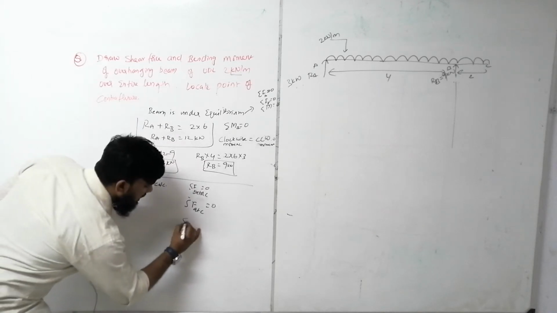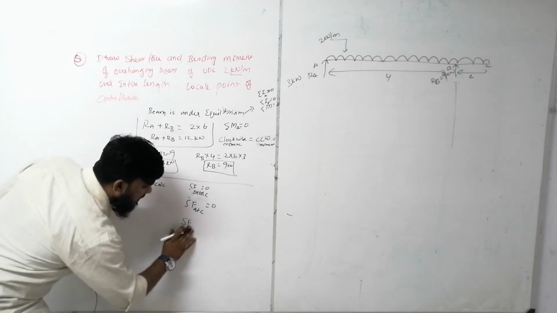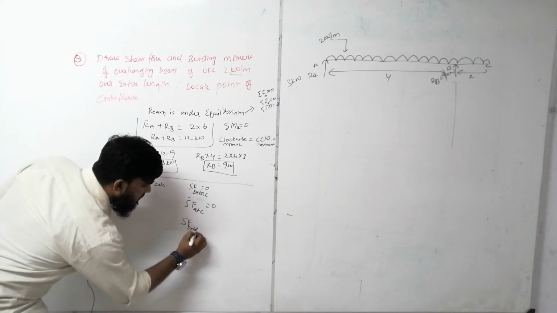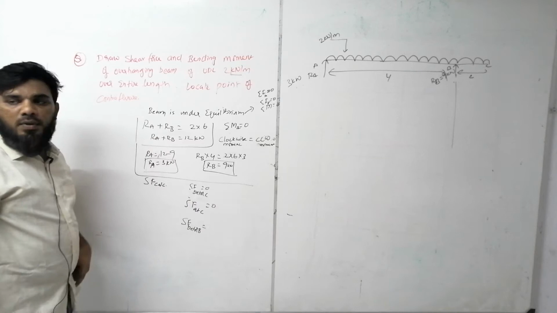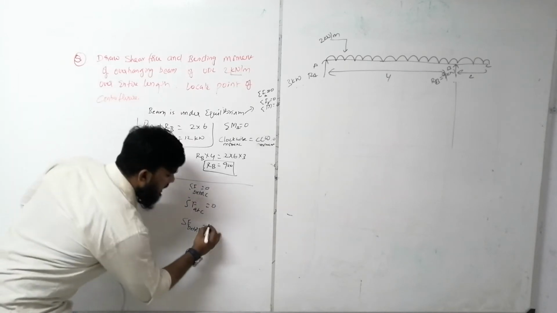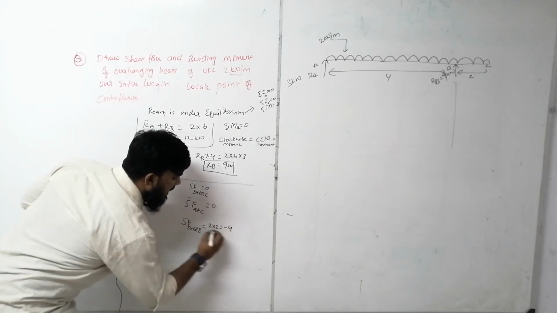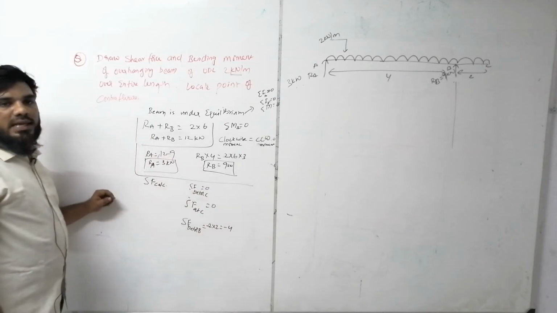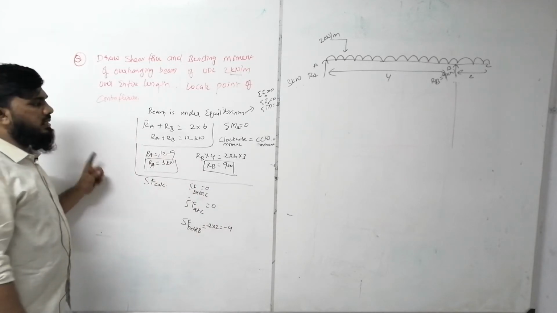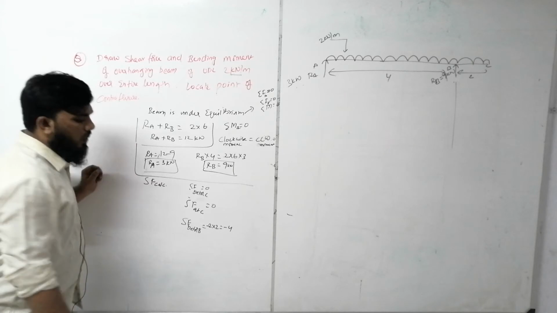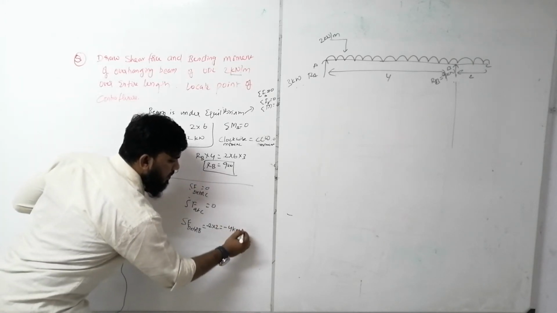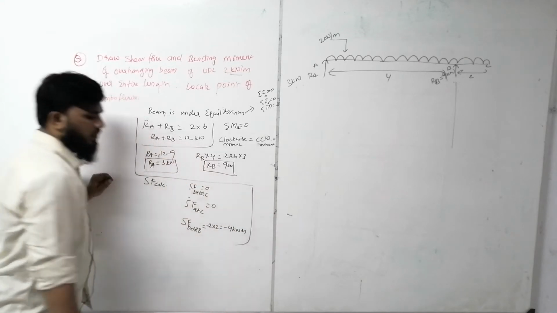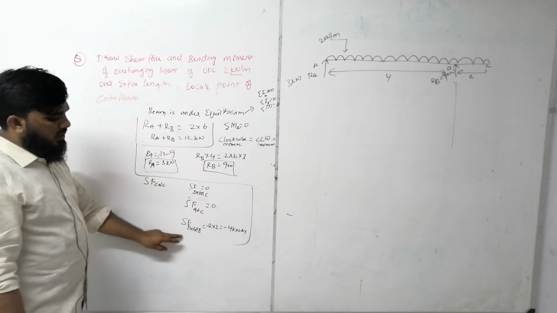Next is shear force before B. Before B we have a UDL for a length of 2 meters, that is 2 into 2, that is minus 4. Why minus? Because it is acting in the clockwise direction. Sign convention we have already taken. Okay, minus 4 kilonewton. So this is done till here.